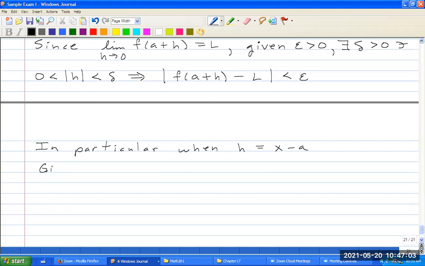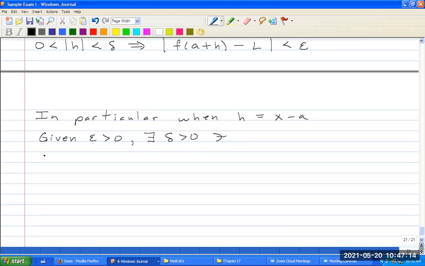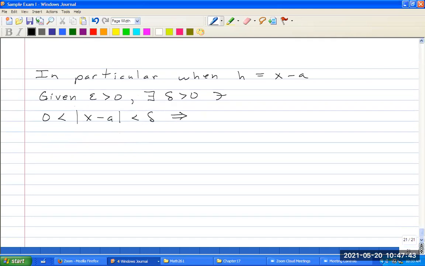So given epsilon greater than 0, there exists a delta greater than 0 such that if the absolute value of x minus a is between 0 and delta, then, and let's leave some space here.